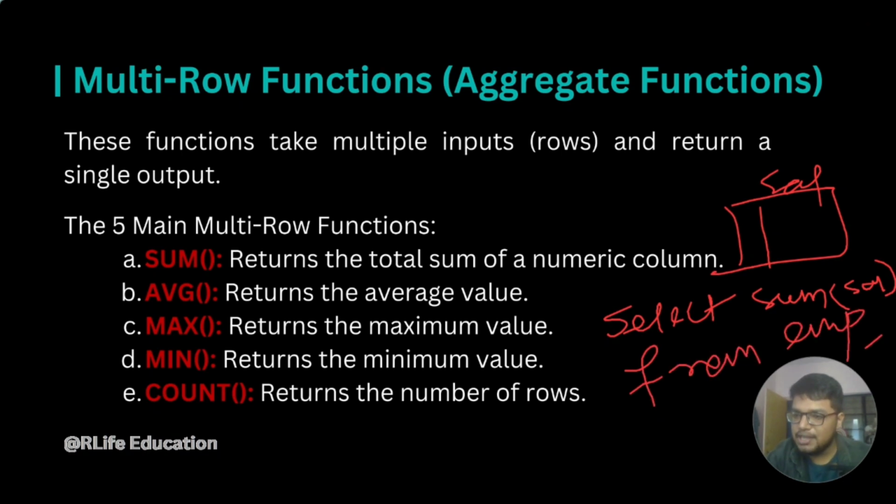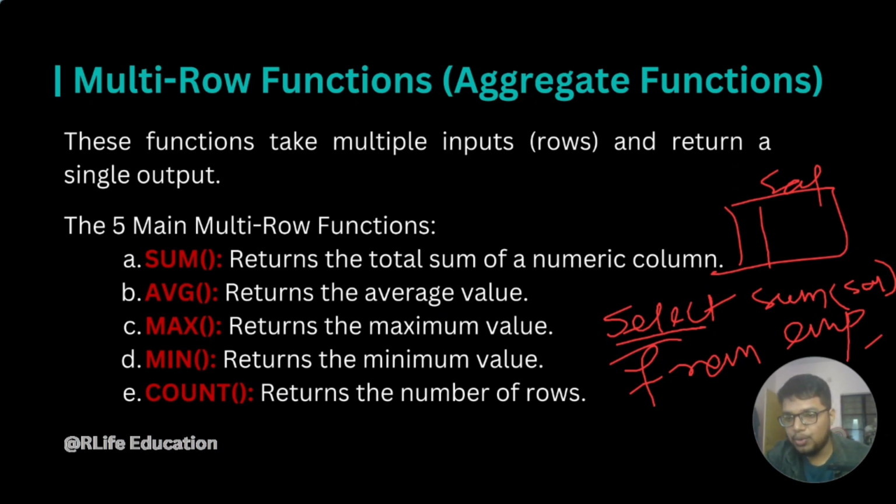Like this, we just have to write this multi-row function. You have to pass the multi-row function in the select clause as the projection part. We know that whatever we provide after the select clause is considered the projection part. Projection part means all the things which are going to be shown in our result table.